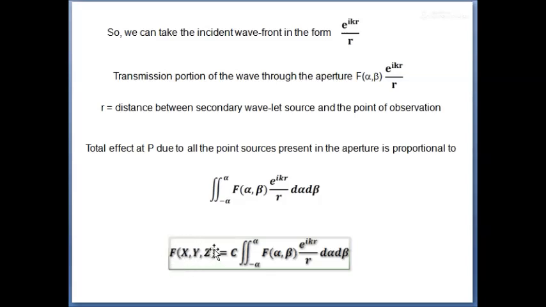So this total effect will be equal to some constant times the integration from minus infinity to plus infinity of f(alpha, beta) e to the power ikr by r, d alpha d beta. So F is considered as the effect of that diffraction at point P. That F is basically the cumulative effect.